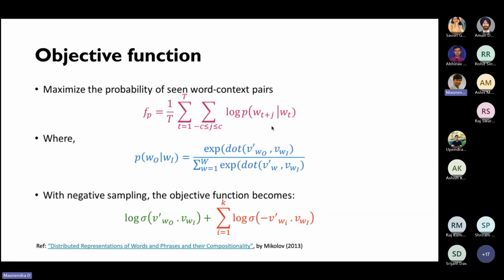Okay, and why? Because there is a window of size C that we have set. Basically it's going from minus C to C for the current word, the sliding window part.